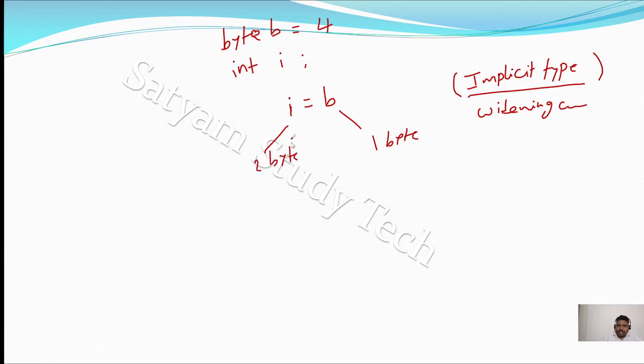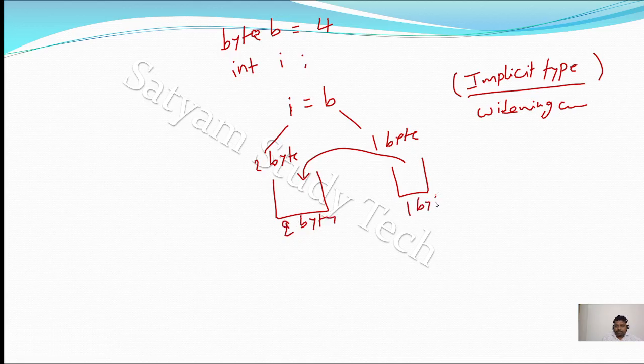So 1 byte is converted into 2 bytes. 1 byte data is stored into a 2 byte container, for example. So the byte is stored into integer type here. That's why it is a widening conversion.